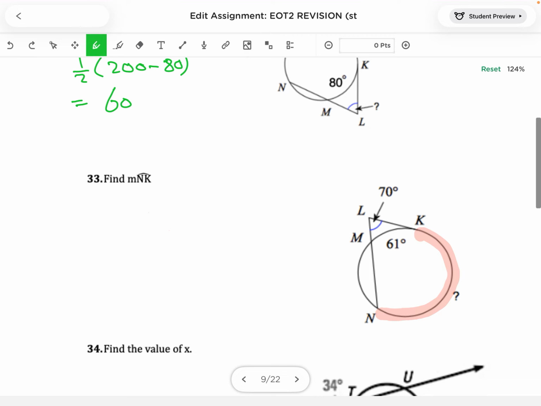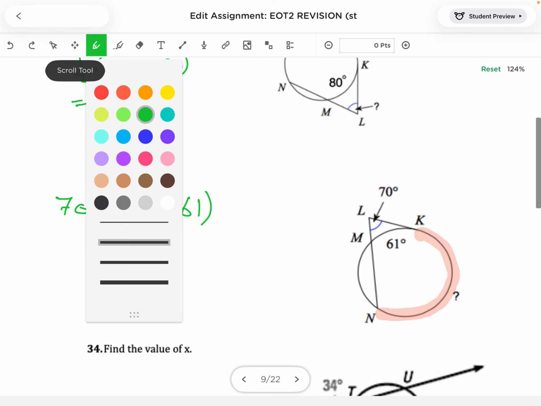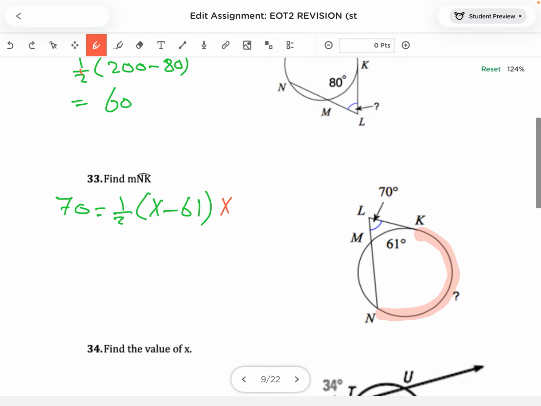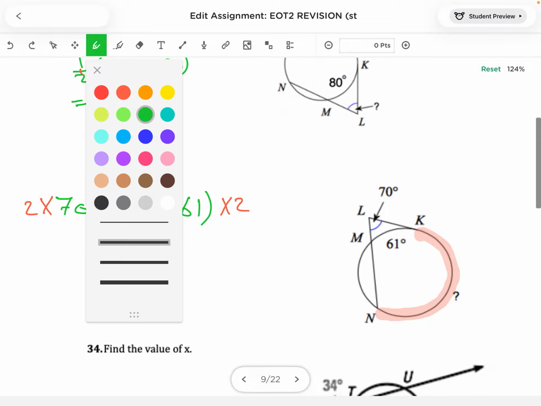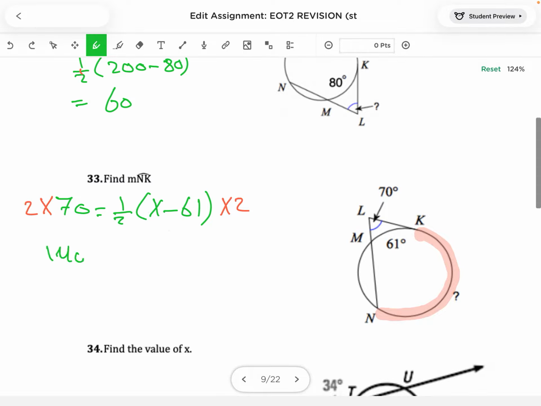The angle, which is 70, equals half the big arc minus the small arc. We multiply by 2 both sides to cancel the half. So 140 equals x minus 61. Move it to the other side, 201 equals x.